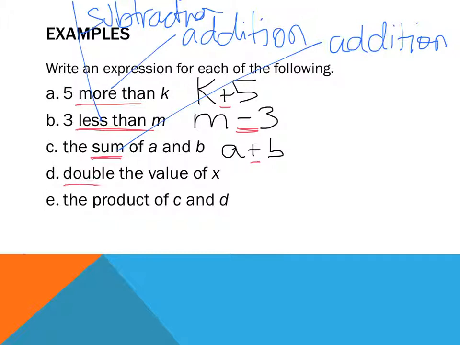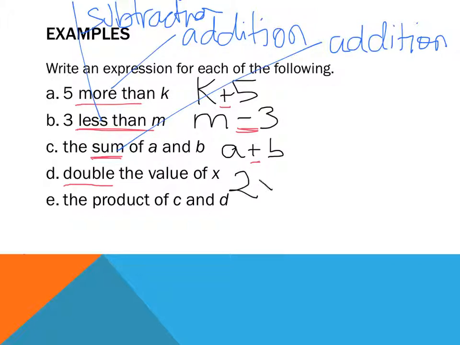Double the value of X. Okay, what operation does double mean? Double the value of X. When I double something, I multiply it, don't I? But by how many? When I double something, how many do I multiply it by? Oh, 2.